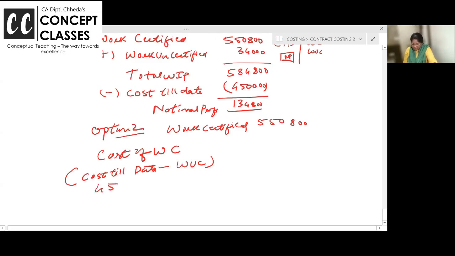What is cost till date? Total. 3 floors are over, 4th floor pillars are put up. So total cost is 450. In that I am saying 34,000 is the cost for next year, work which is not certified. So if I minus the work uncertified from cost, am I getting the cost of the work certified?